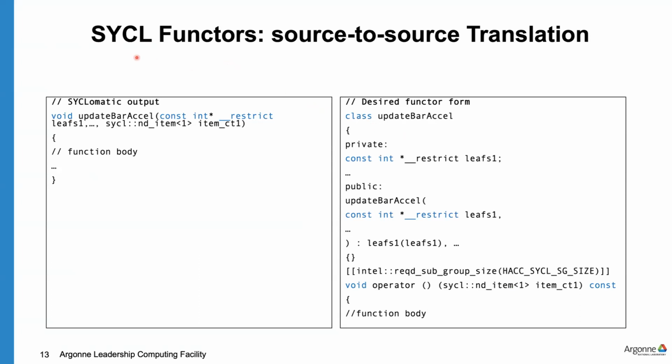The next thing we have to do, like I mentioned, is we are looking for this functor representation, and that requires a source-to-source translation. So here's an example of what comes out of SYCLomatic.